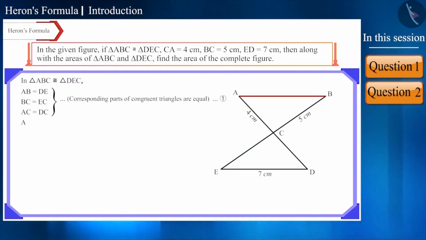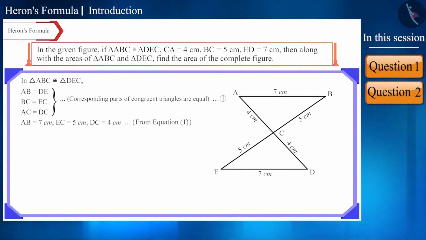So the length of the side AB will be 7 cm, and in the triangle DEC, the length of EC will be 5 cm, and the length of DC will be 4 cm. Now we will use Heron's formula in the triangle ABC to find its area.